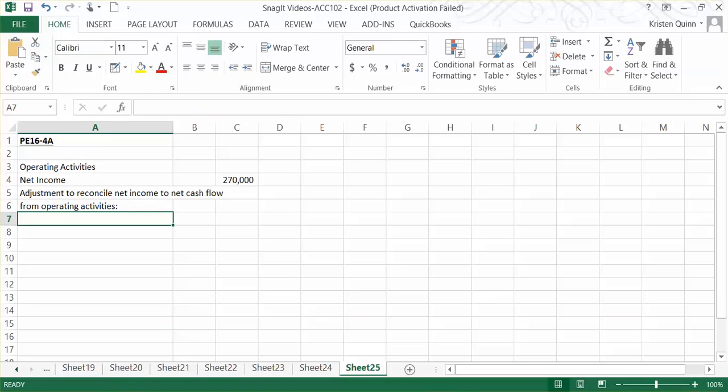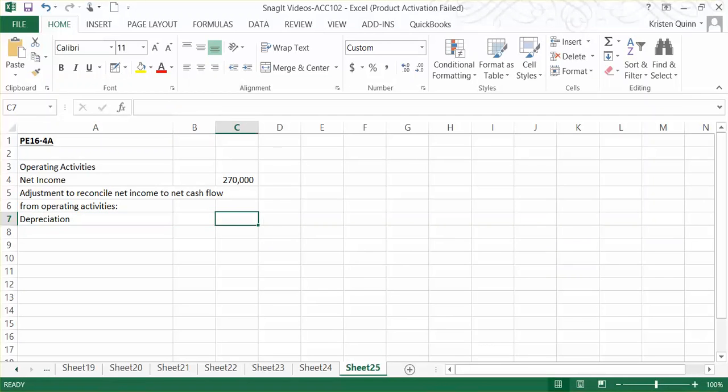Here is when we look at our income statement and look for any expenses that did not have a cash impact and any gains or losses from the sale or disposal of non-current assets. So they tell us that we have depreciation. Depreciation has no cash impact.